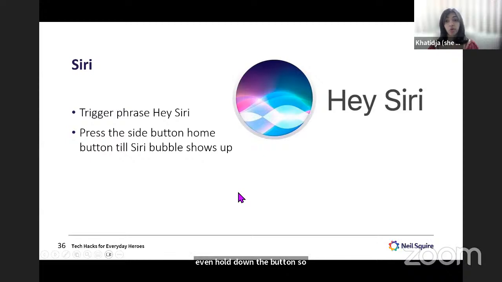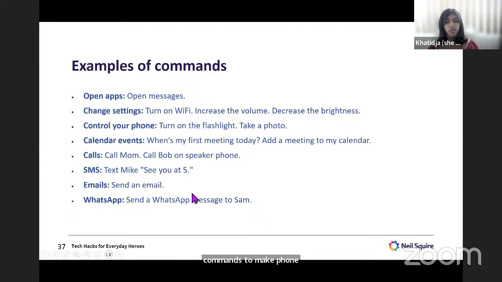So on the iPhone, we have Siri. So Android gets Google, iPhone gets Siri. They both are pretty similar in what they can do. So I've got an example list of commands. Slight differences in maybe the language and how you say it, but they're both equally powerful in doing these things.